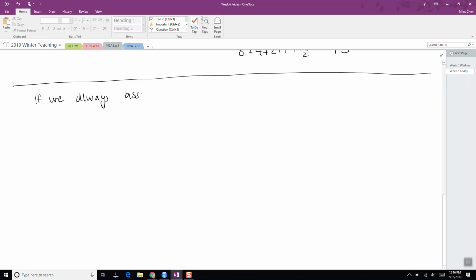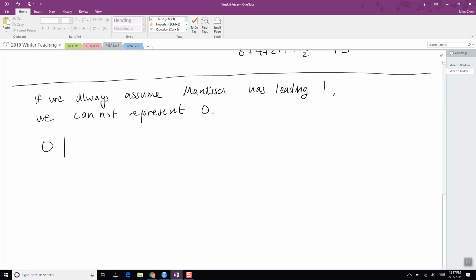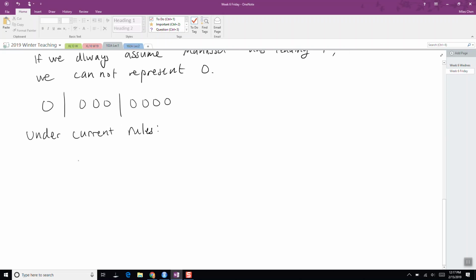If we always assume the mantissa has a leading 1, we cannot represent 0. Because if I tried to do 0, 0, 0, 0, 0, 0, 0, 0 under the current rules, my exponent is equal to 0 minus 3.